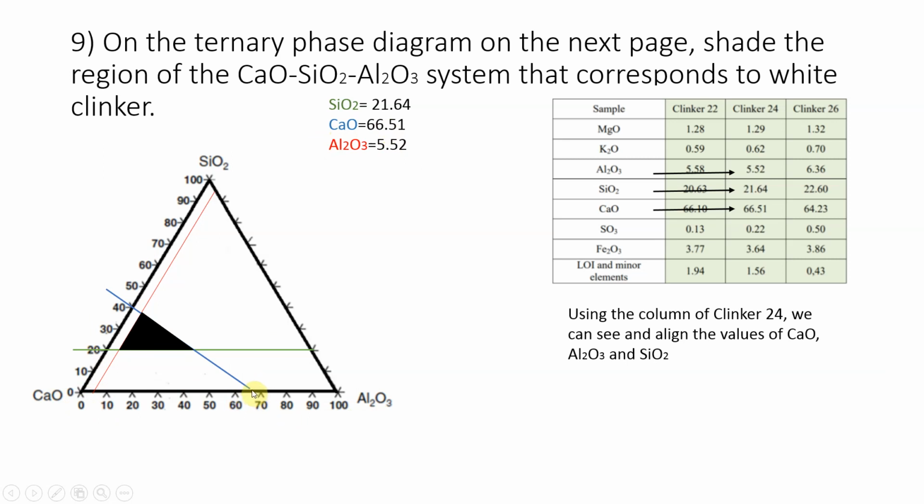And we just draw across all the way. Next, for Al2O3, it's 5.52, so since we start from here, this is 0, so this is 5 approximately. We just draw a line all the way across. And we're going to have a crossed region, a triangle. This black area is our shaded area. So this is the region of the CaO-SiO2-Al2O3 system that corresponds to white clinker.